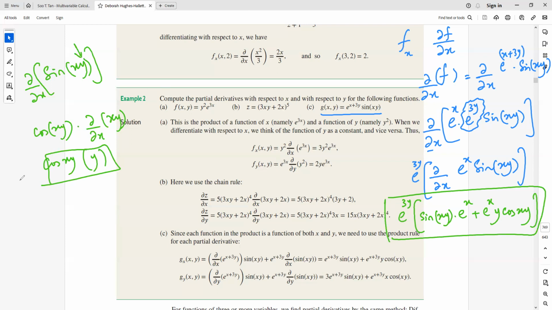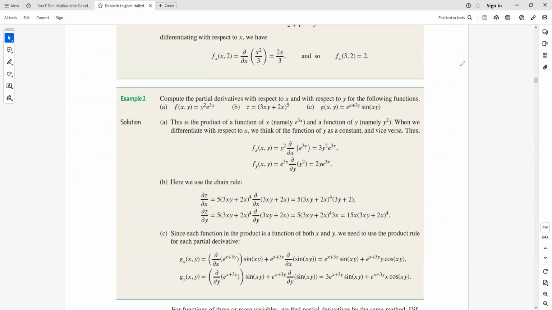Now, similarly, if we are asked to find fxx, what we need to do is differentiate the function with respect to x, that is find the partial over x, then again differentiate the result that we get.